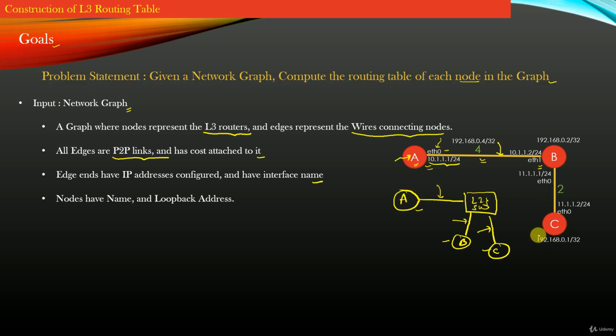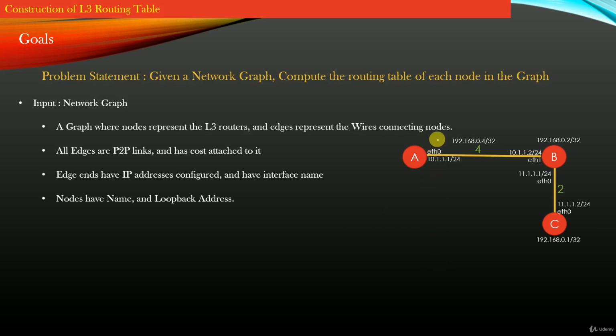And every node in this topology has its respective loopback address. For example, this is the loopback address of node A. Similarly, node B's loopback address is this one, and so on. So the loopback address serves as a unique identifier of a device in the network topology.